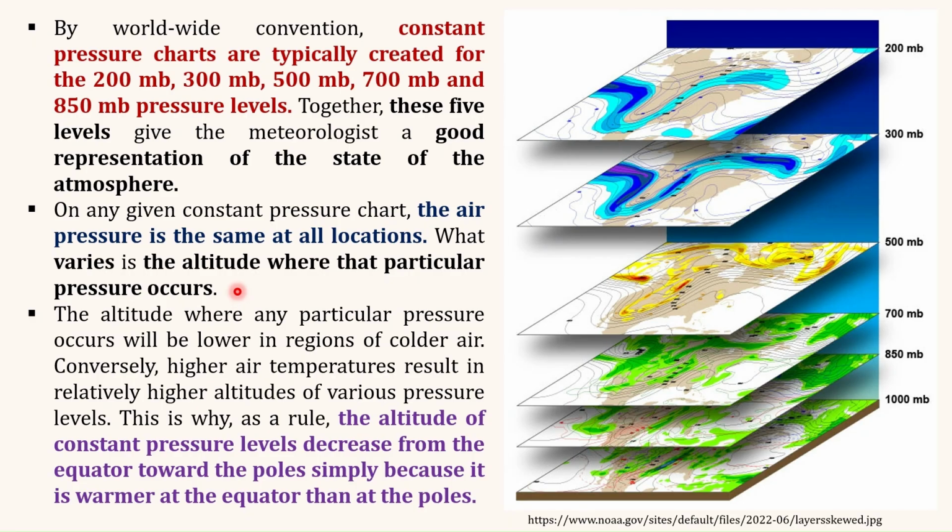As atmospheric pressure varies with temperature, the altitude where any particular pressure occurs will be lower in regions of colder air and higher in regions of warmer air. This is the reason that, as a rule, the altitude of constant pressure levels decreases from the equator towards the pole, because it is warmer at the equator than at the poles.